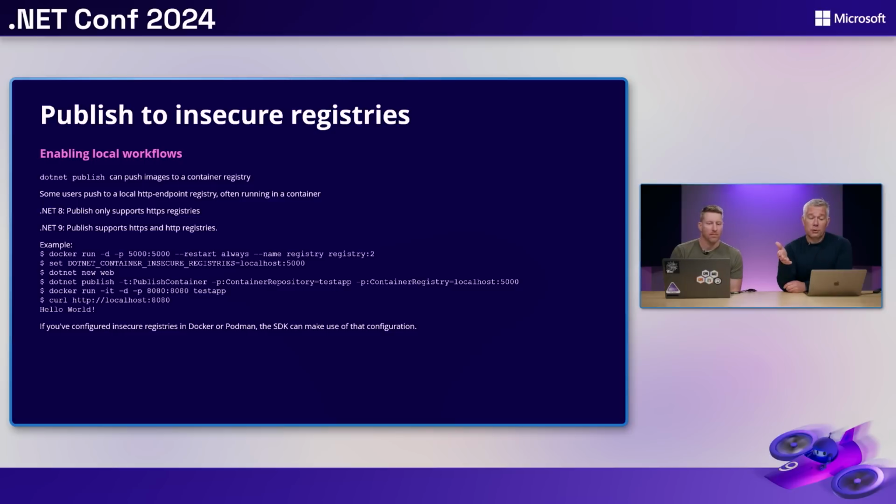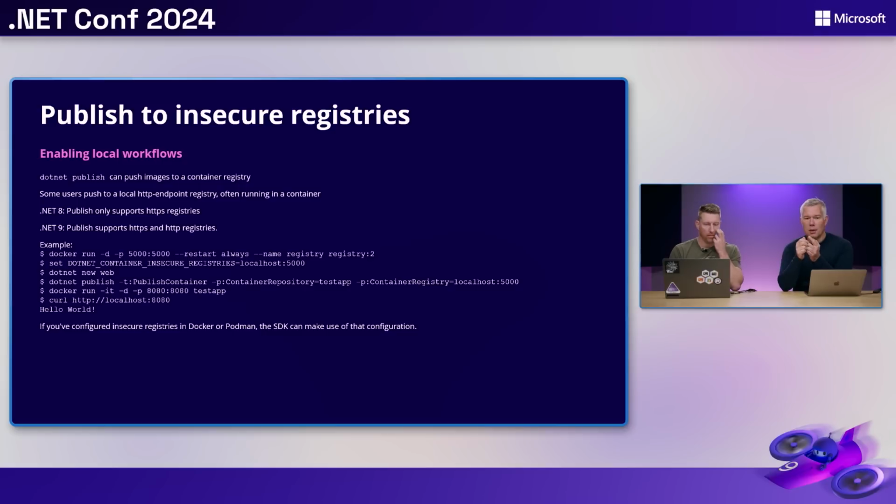So in my early experience of this, one of the things I wanted to do was to publish to a local registry. The way the feature works is by default, you can deploy to the local Docker daemon, like Podman or Docker Desktop. That's the default. You can push to a remote registry, and it's required to be HTTPS, so a secure registry.